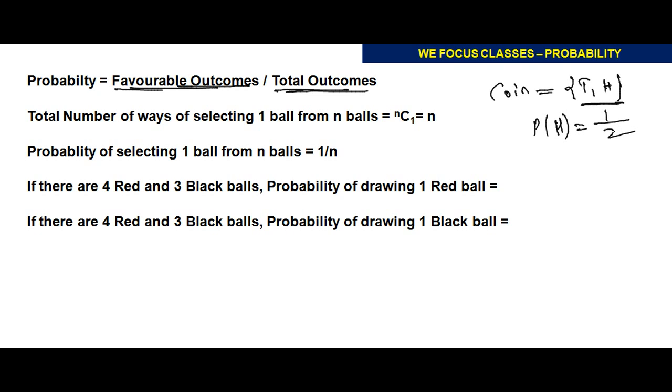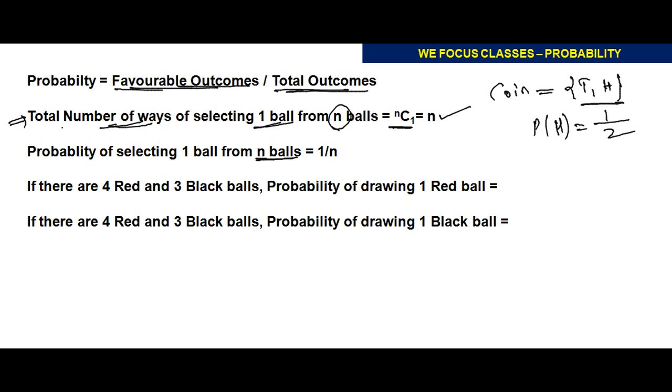So like this, you'll be getting the answer. And if there are some n balls, let's say 10 or 15 or 20, if you want to pick one ball, the total number of ways of doing this is always nC1. If you want to pick 2 balls, it is nC2. So here we are picking only one ball, that is nC1, which is n. That is the total number of ways of selecting one ball out of n balls.